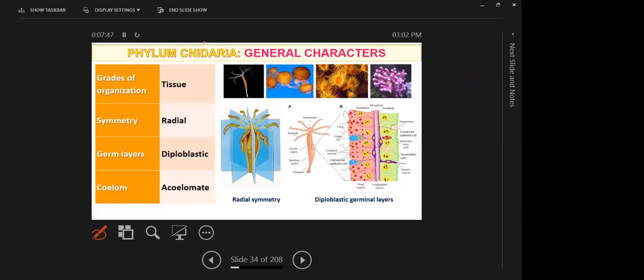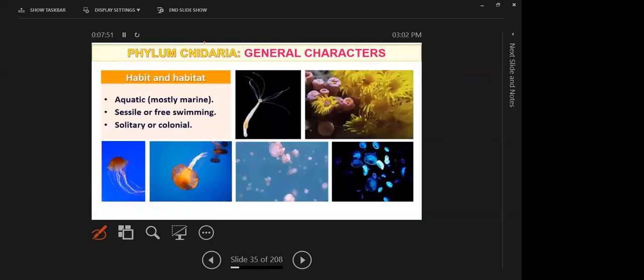Germ layers, diploblastic, coelom, acoelomate. They are predominantly aquatic. Sessile, attached to the substratum, or free swimming. Either solitary or present in colonies.